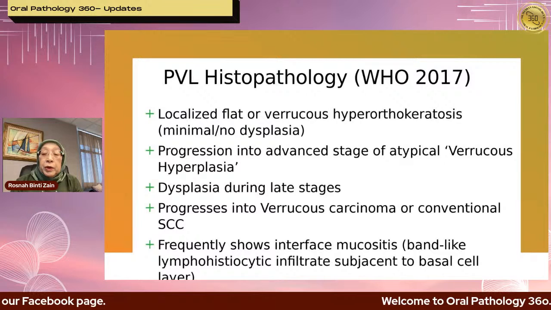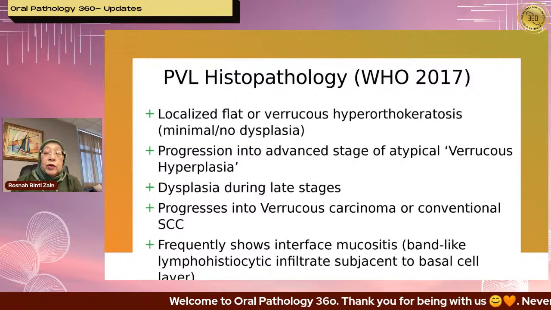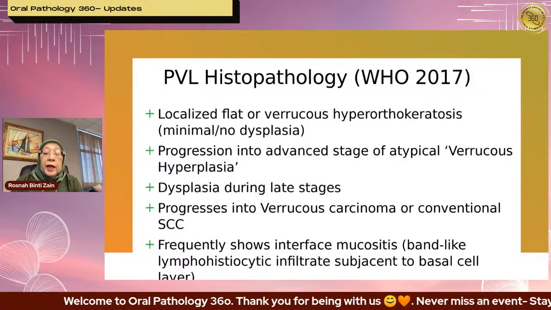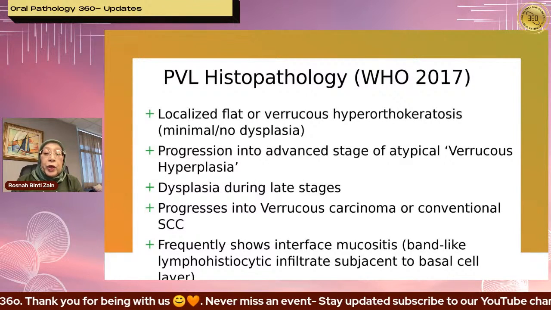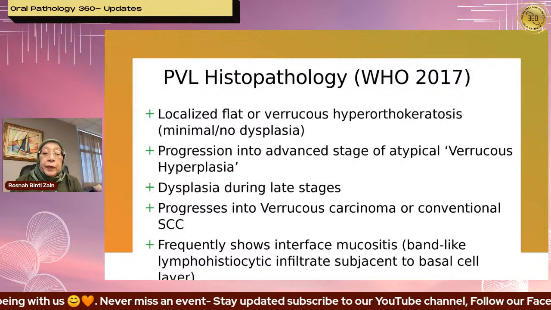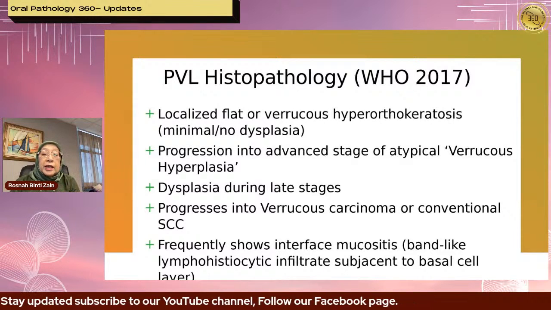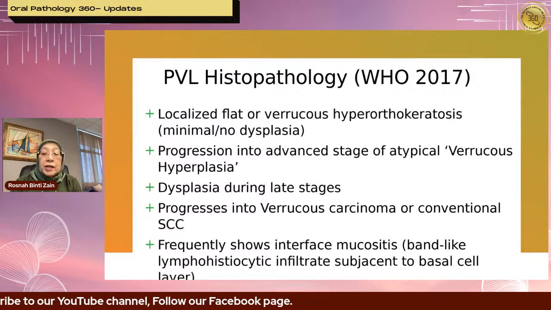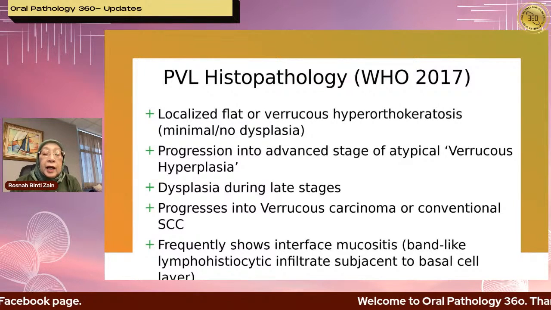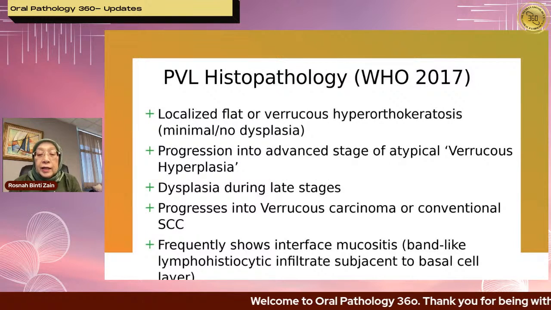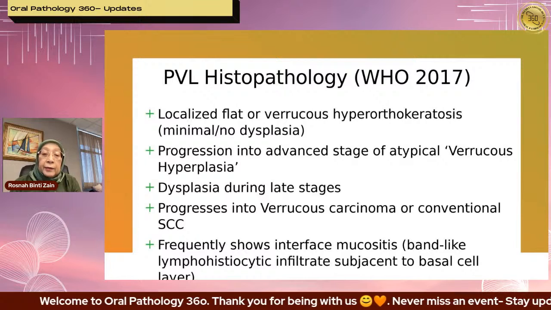Some people find it very difficult to call verrucous hyperplasia, because verrucous hyperplasia in itself has been used almost interchangeably as histopathology and clinical. Some have diagnosed it as atypical and dysplasia during late stages, and they progress into verrucous carcinoma or conventional squamous cell carcinoma, and frequently show interface mucositis, a band-like lymphohistiocytic infiltrate subjacent to the basal cell layer. Next.